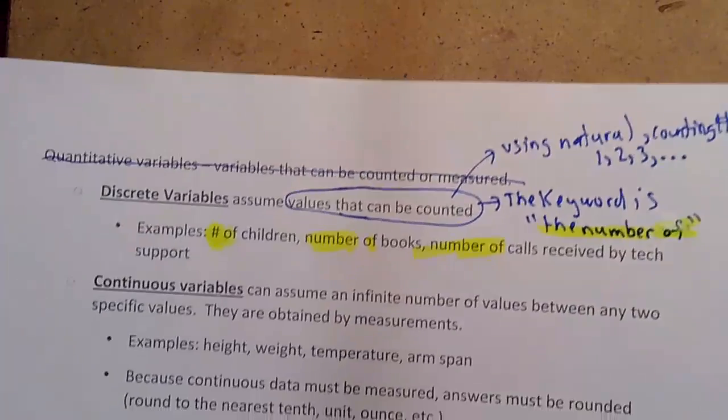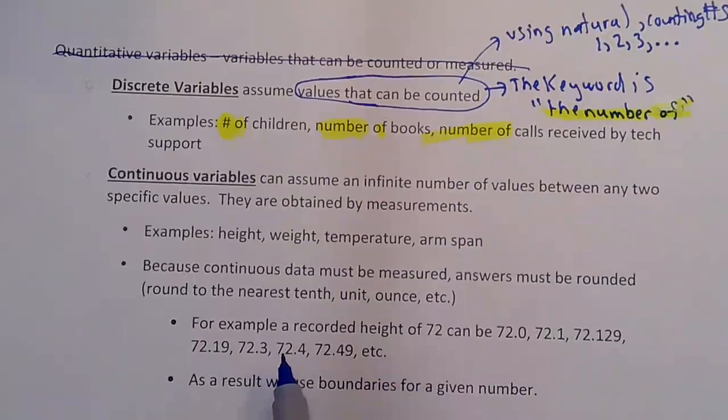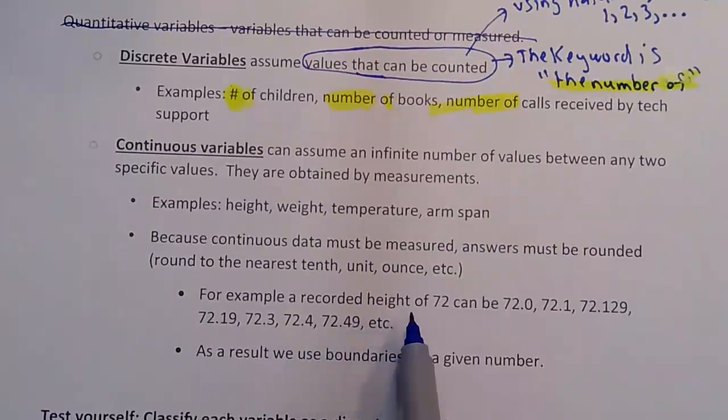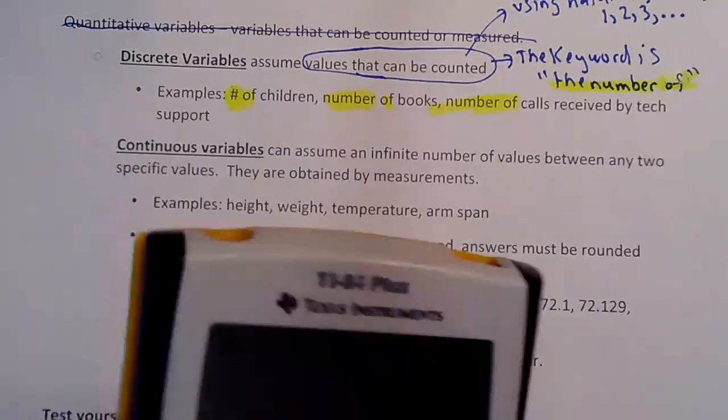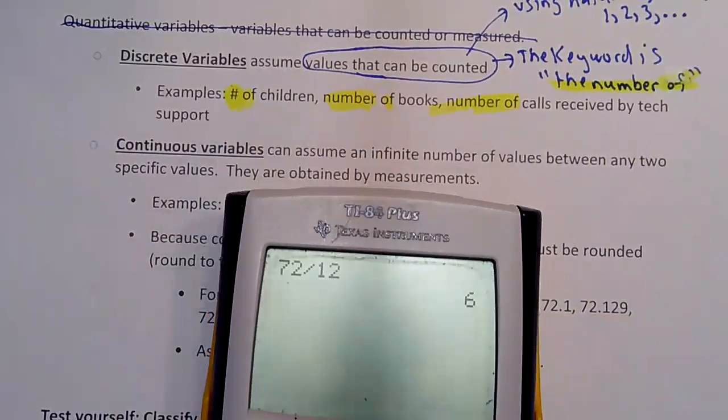Whereas continuous, they say continuous variables can assume an infinite number of values between any two specific values. Okay, so you see here on this example of recorded heights. Look at, if I do 72 divided by 12, that is 6, right?